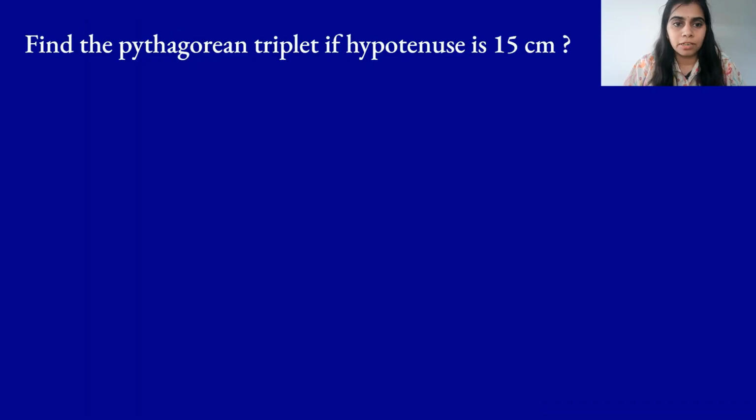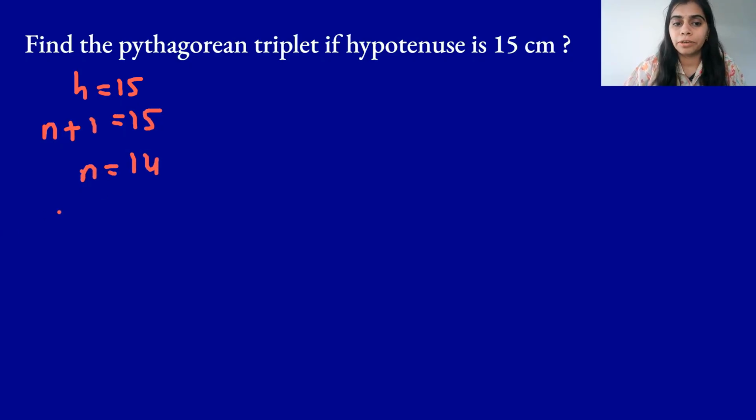Let's take one more example. Here the given hypotenuse is 15, h is 15. The hypotenuse is nothing but n plus 1, so the n value is 14. To find the other side, we have the formula square root of 2n plus 1.